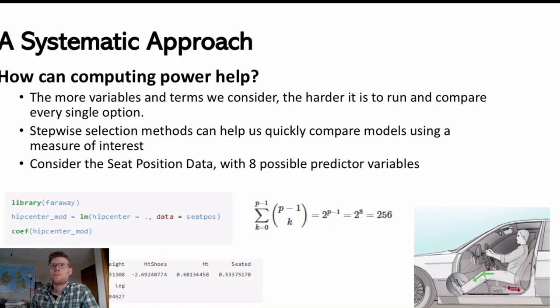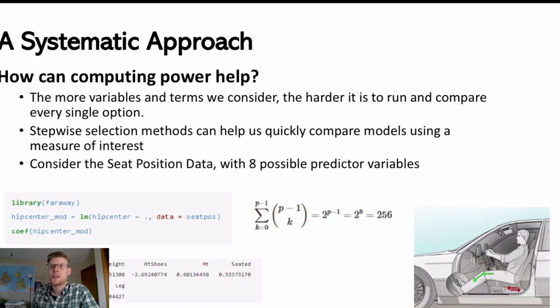The reason why we need these systematic approaches that something like R can help us with is because we can quickly get overwhelmed by how many model combinations there really are. If we have, for example, 8 predictor variables, that's going to quickly add up to 256 model combinations.